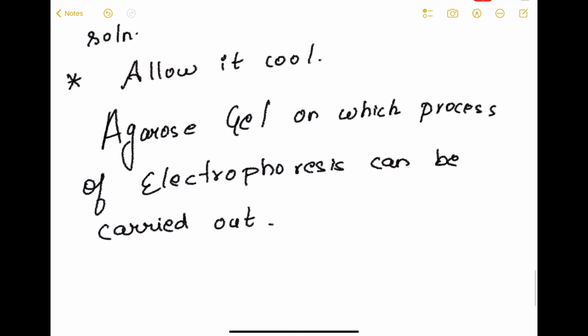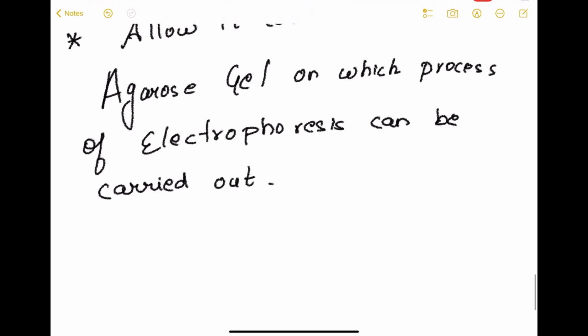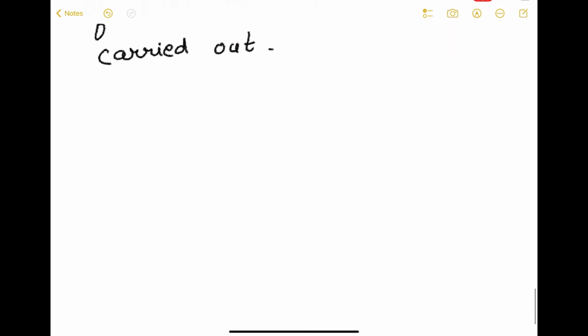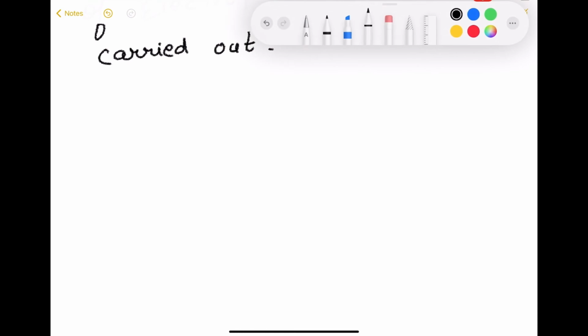And now buffer solution. As we are talking more and more about buffer solution, we need to know what it contains. We know that it is a salt solution, but besides that it contains many other things.